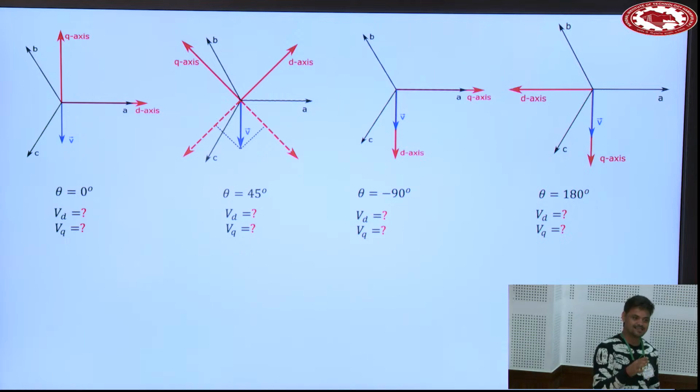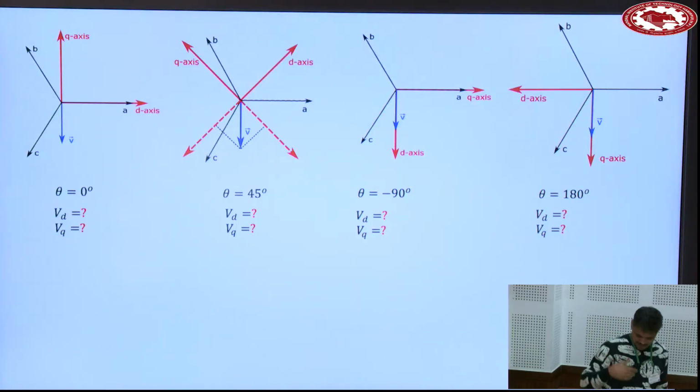PLL is actually used to find this theta information, which is to be utilized in ABC to DQ transformation. For my purpose, I have made theta. Otherwise, if I am working with an external circuit, I have to sense the signal, use PLL, get theta, and then use it in my converter for ABC to DQ transformation.